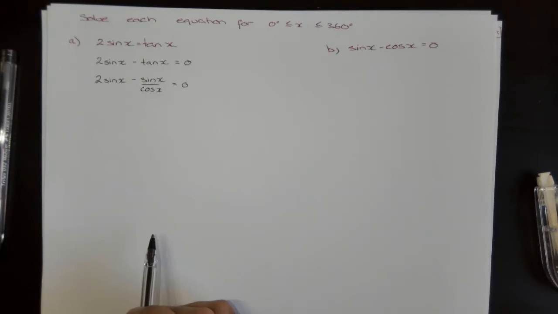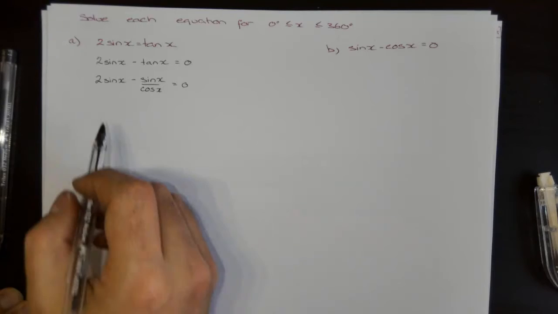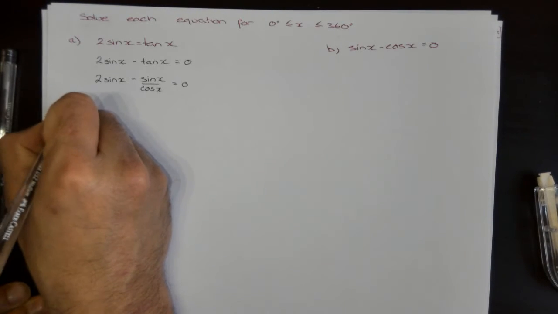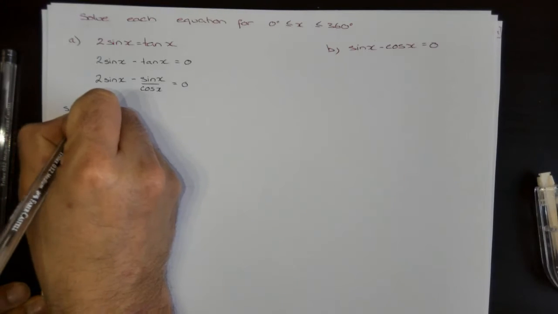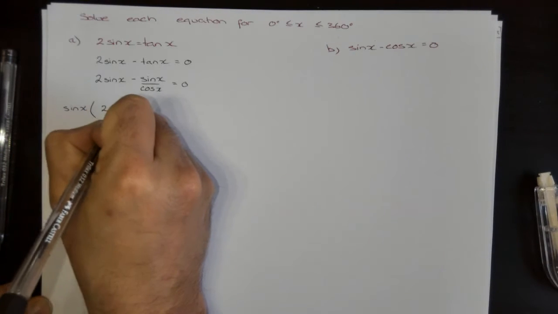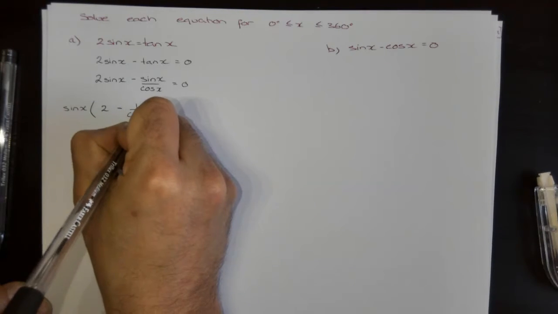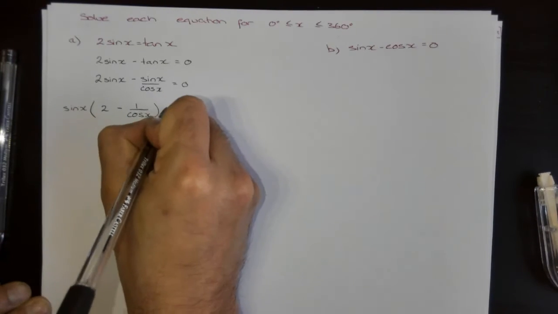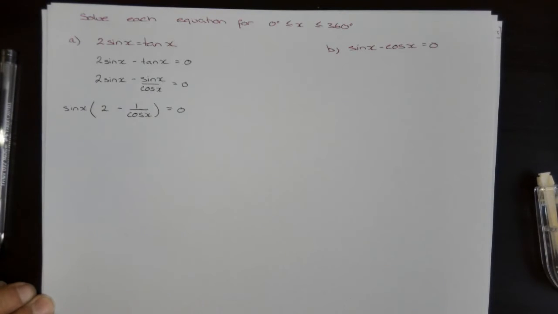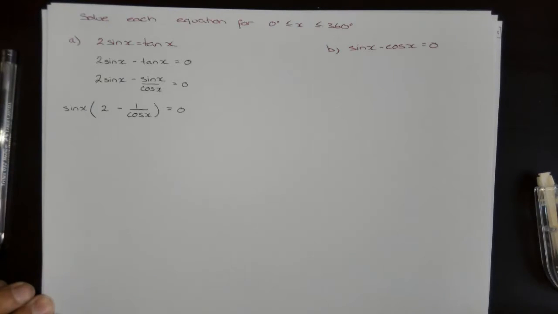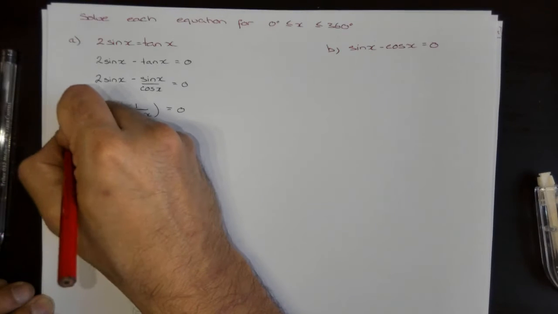And what I can do now is factorize. I can take out the common factor of sine of x. If I did that, that would give me sine of x multiplied by 2 minus 1 over cos of x, and that equals 0. Now, in this situation, it's an equation, so I'm going to apply the null factor law.